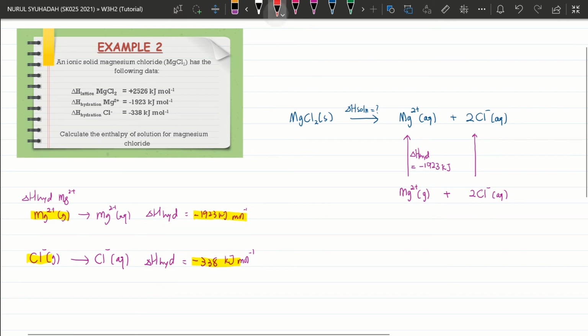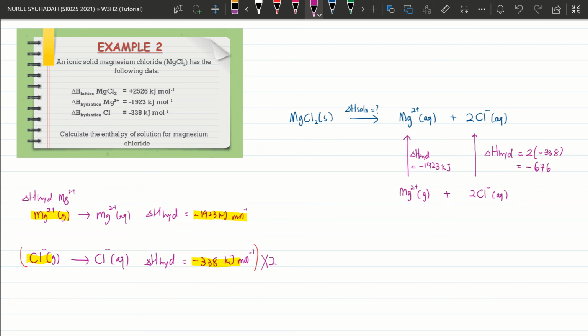This means that before writing down the delta H hydration over here, you need to times everything by 2. I already put 2 over there. So hydration is 2 times negative 338. So the value of delta H hydration for chlorine over here is actually negative 676 kilojoule.